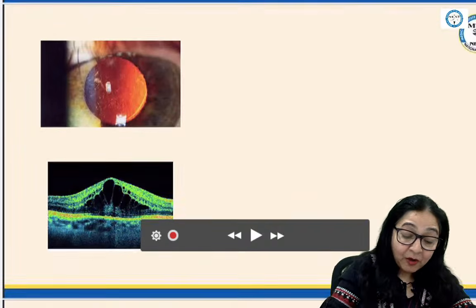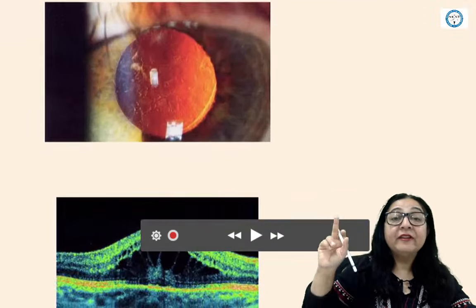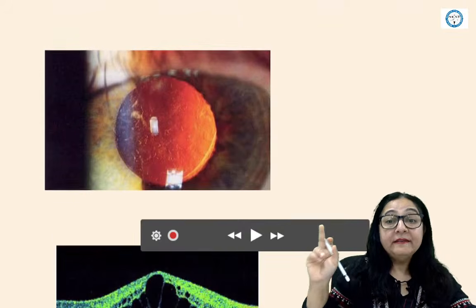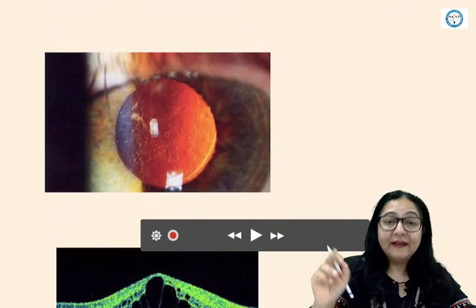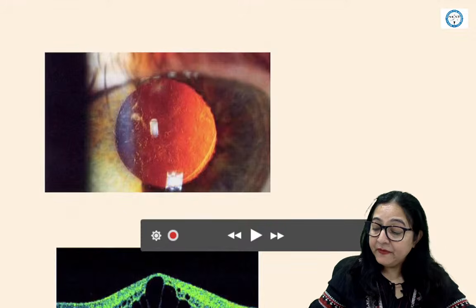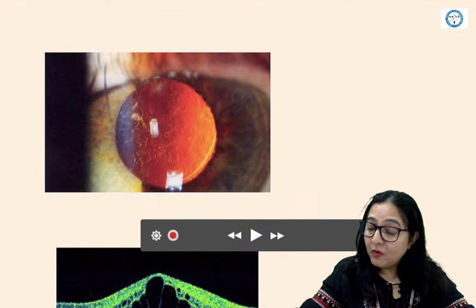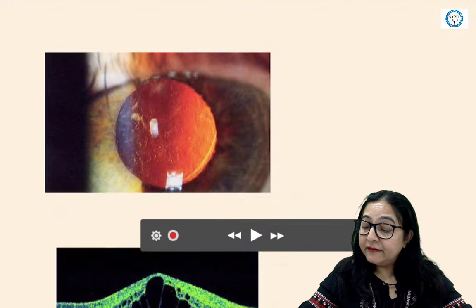So coming to the complications of cataract surgery, that is an important topic for your exams. There can be multiple causes of decreased vision after cataract surgery.